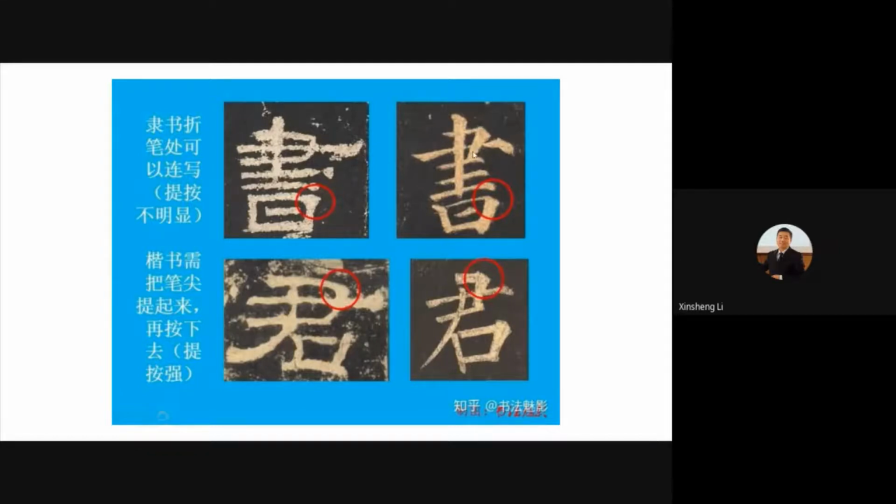This action makes the writing speed faster. If you don't use the side tip stroke here, you have to keep your brush upright all the time. But in this style, you can press and turn your brush sharply.